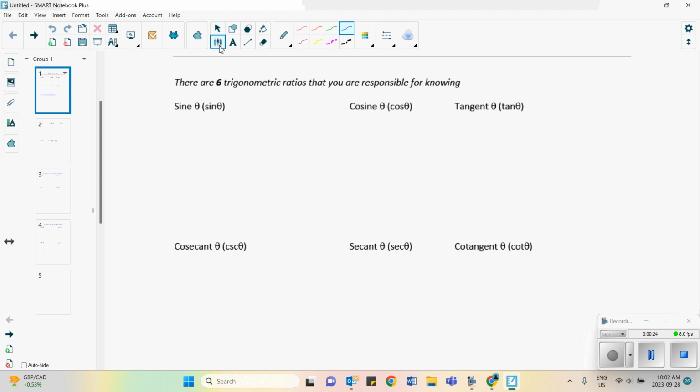So, sine, pretty straightforward. It's on the back board. If you forget, sine is opposite over hypotenuse. And the first time you saw that was grade 10. And cosine is adjacent over hypotenuse.